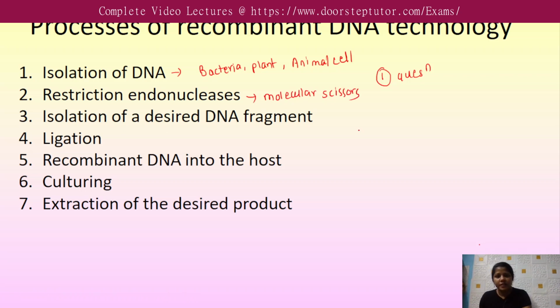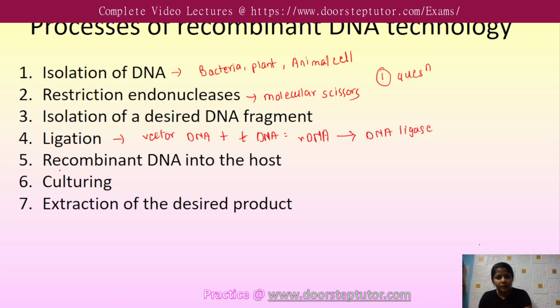Isolation of a desired DNA fragment. After that, we ligate both the vector DNA and the target DNA. It will lead to recombinant DNA, and DNA ligase is used for ligating both ends of the vector DNA with the target DNA.